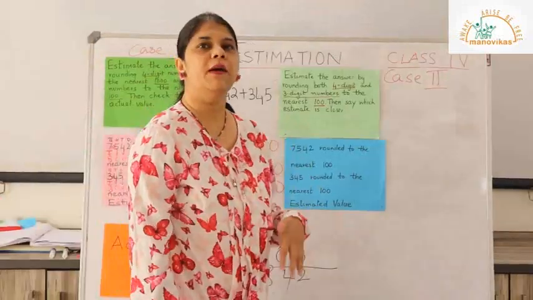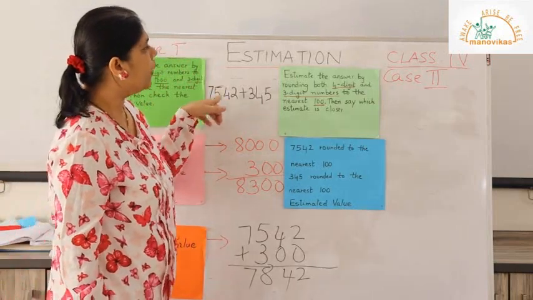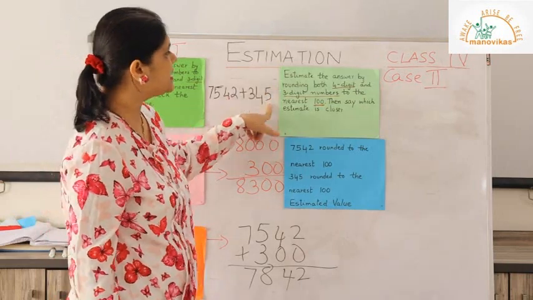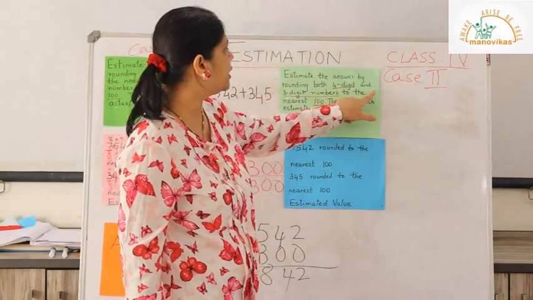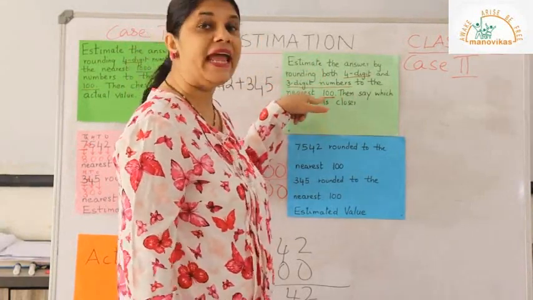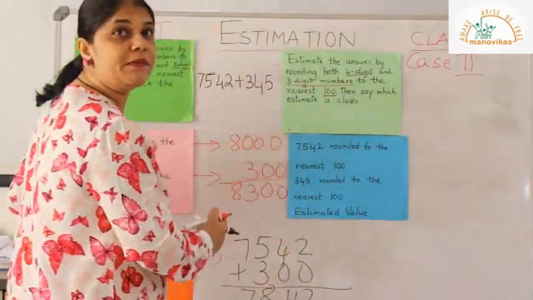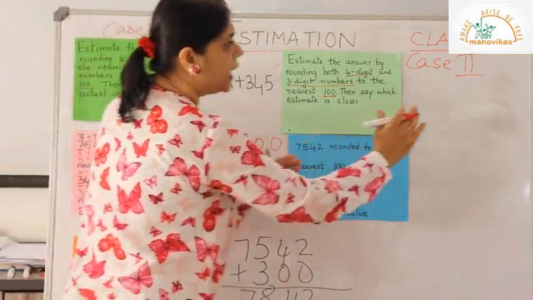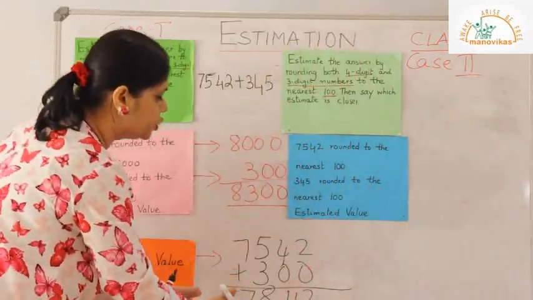We will apply a different condition for the same sum. Here we have to add 7542 plus 345 again, but this time we have to find the answer by rounding both the 4-digit number as well as the 3-digit number to the nearest 100 and then say which is a better estimate, whether the estimated value that you have got here in case 1 or the answer which we will get here in case 2 is the closest to the actual value.